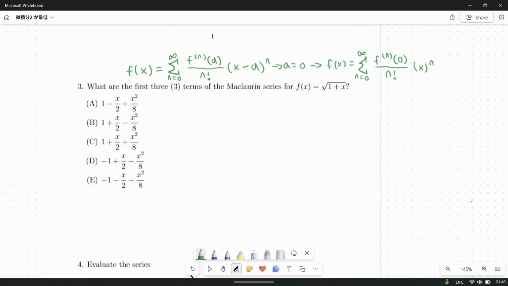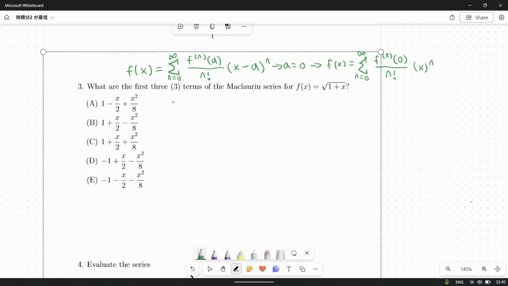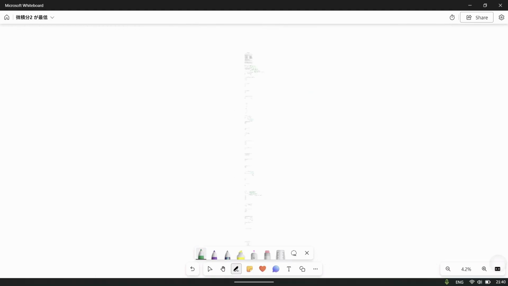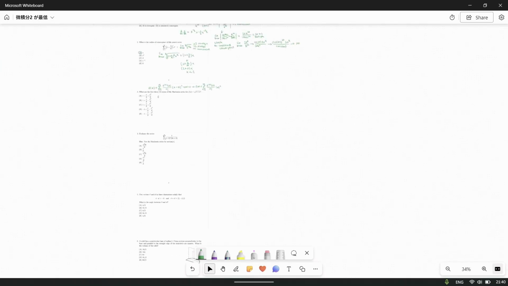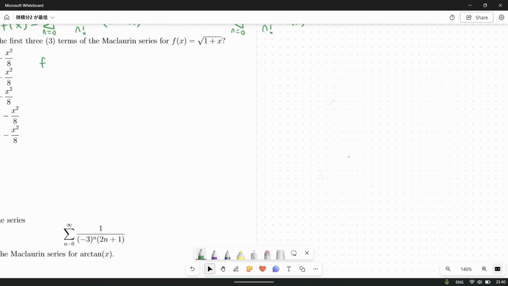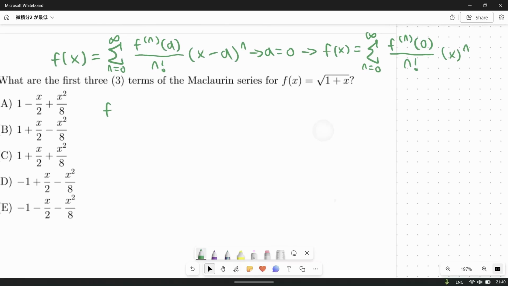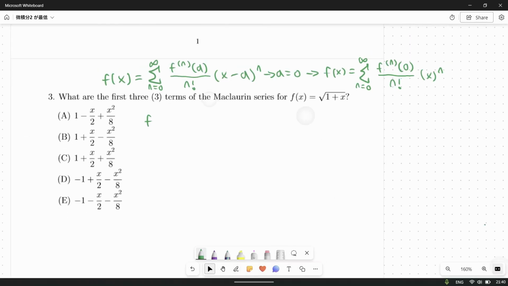So let me just write it out. Since it's the 0th derivative, that's just the original function. So starting with the first term, you should end up with just f of 0 over 0 factorial times x to the 0.